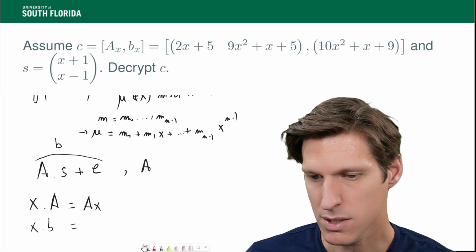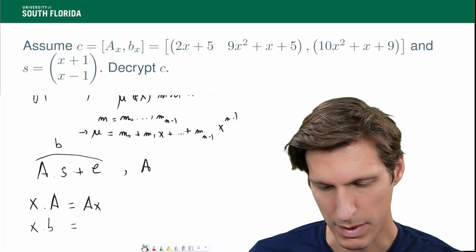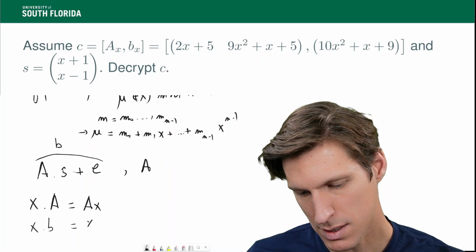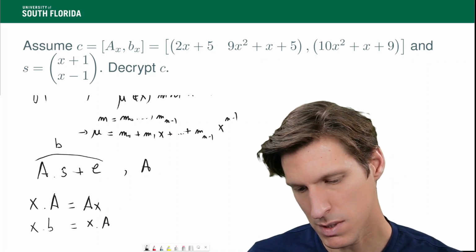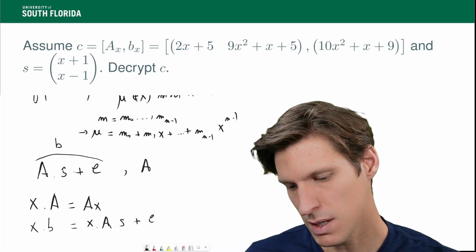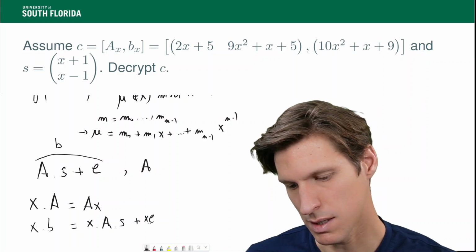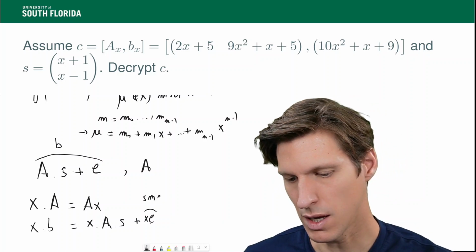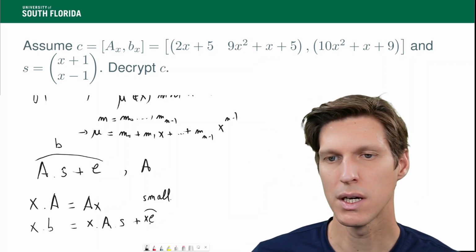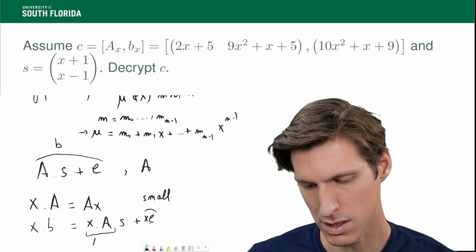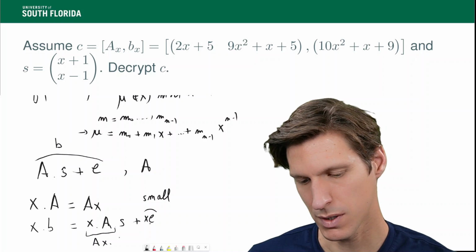What I called BX up there incorporates the message. But x times B, what does it look like? By linearity, it's x times A times S plus E, plus x times E. So this is supposed to be small. If the error was small, then hopefully x times E is still going to be small. And this is just AX times S. All right.